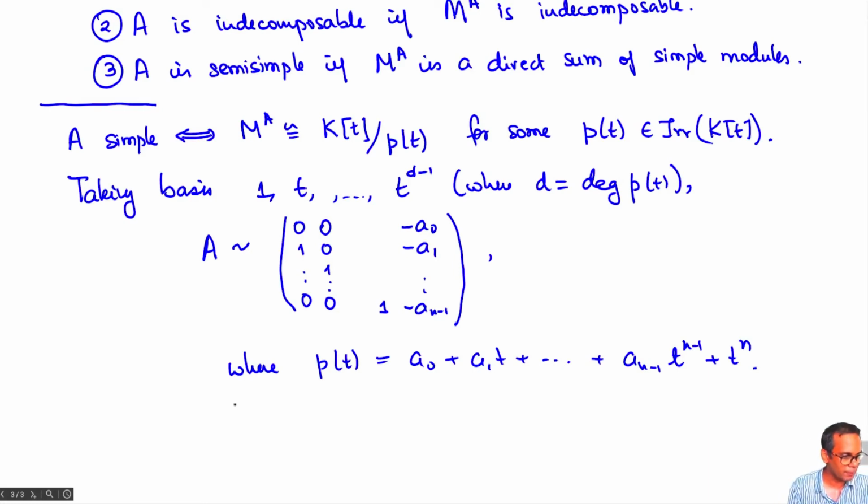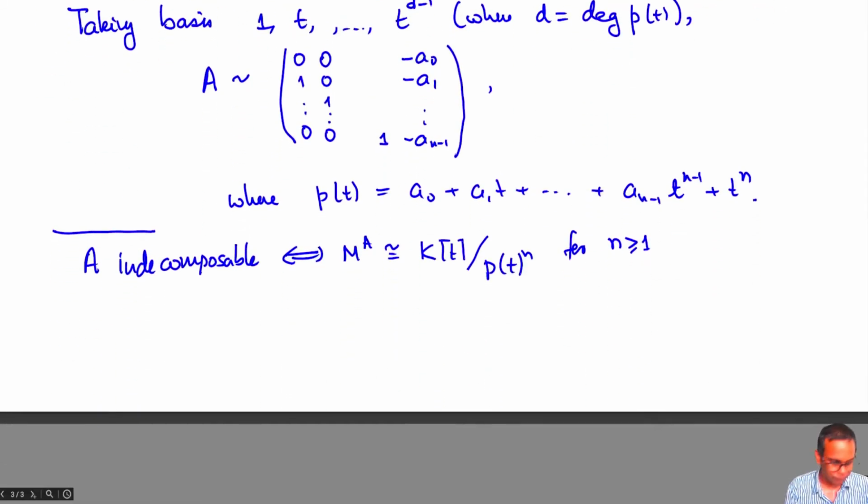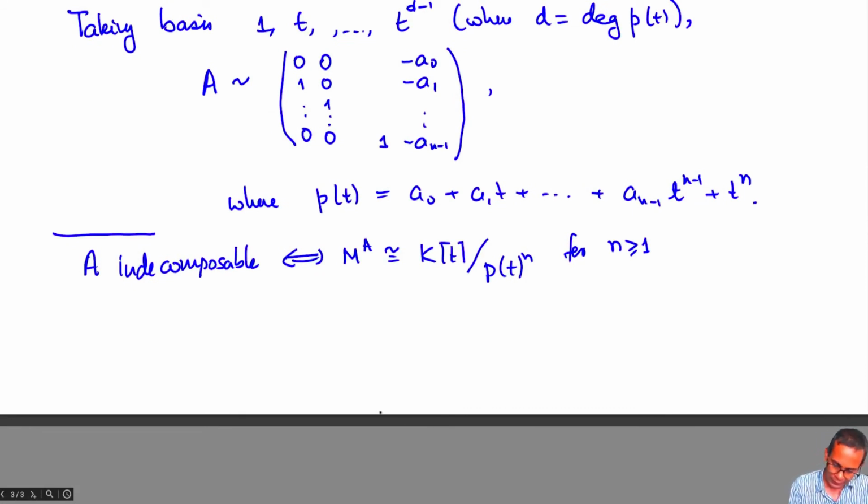Now let's look at what happens to indecomposable modules. If A is indecomposable, then that means that M_A is isomorphic to K[T] mod P(T) to the power n for some n greater than or equal to 1. Now if K, it could have a slightly complicated form, though in most cases, especially when K is a perfect field, it can be simplified.